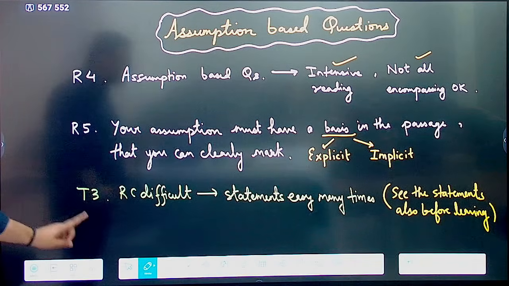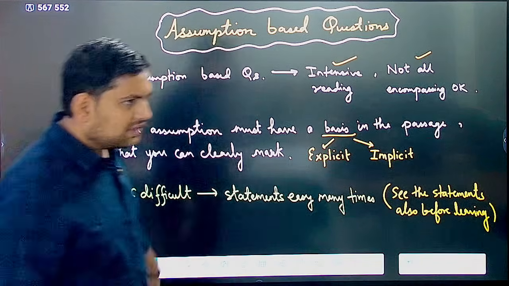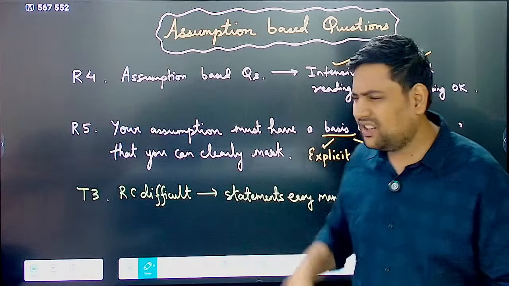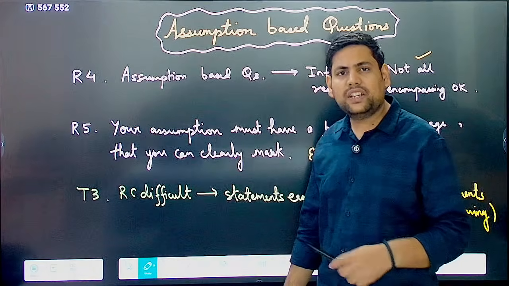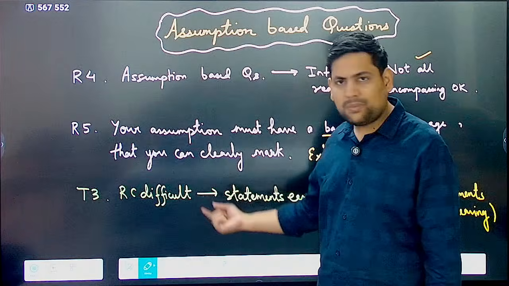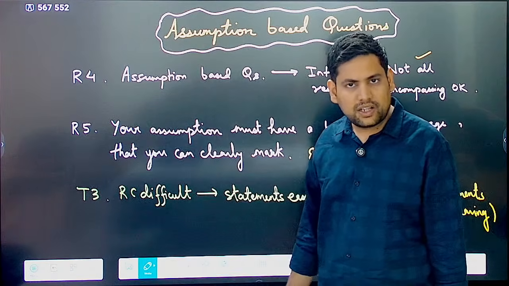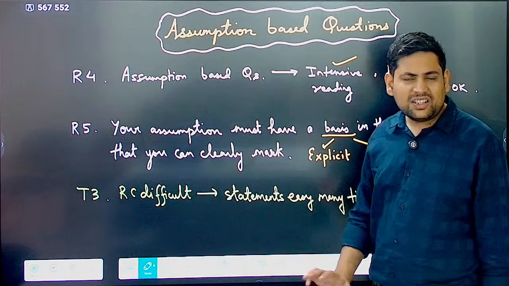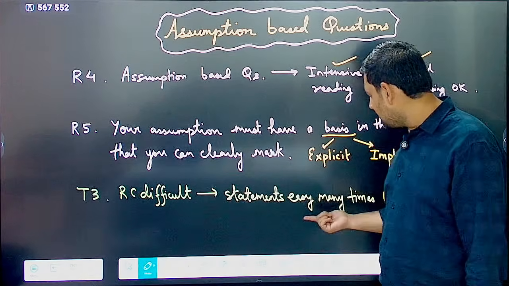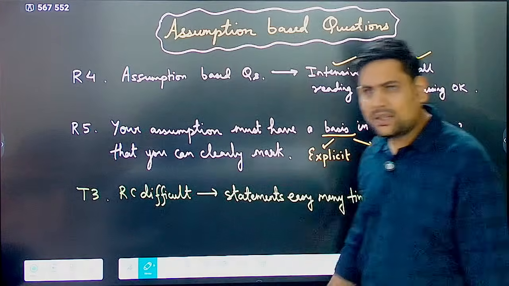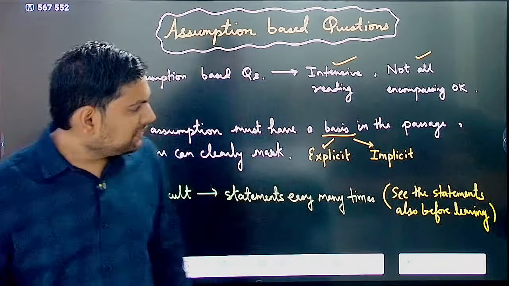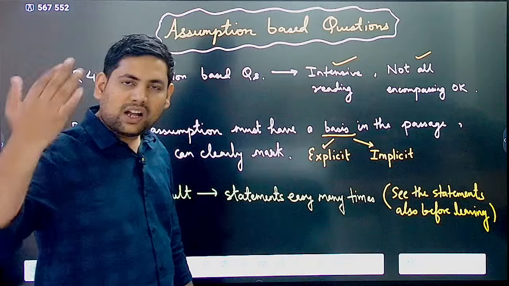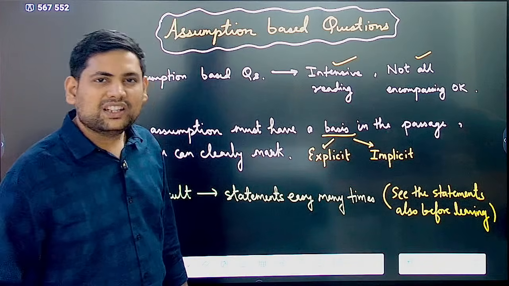Now this is the third trap. See, RC is very difficult, let's say the words in the RC are very technical, very difficult. Now people tend to get scared there only. You need not be scared. What I have seen is, when the RC is extremely difficult, they make the statements easy. Many times they make the statements very easy, for which you don't even need to understand the RC fully. Very easily you can eliminate.